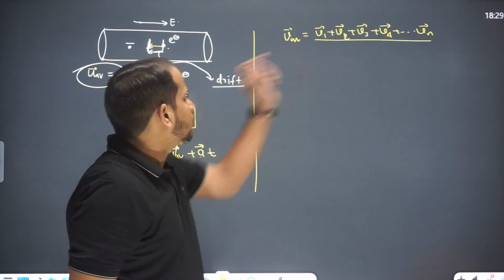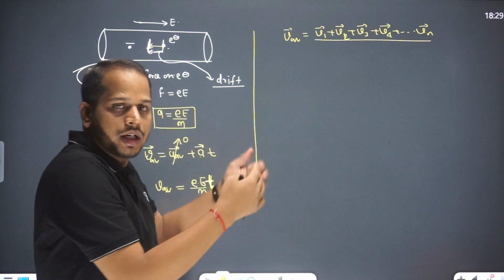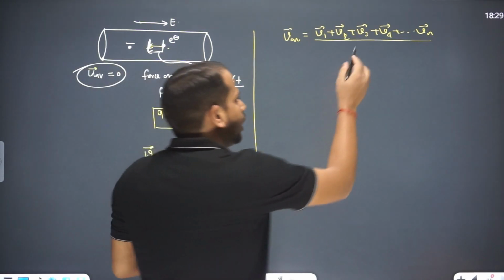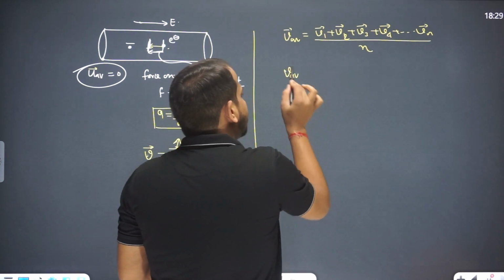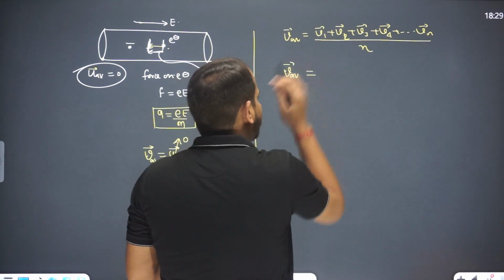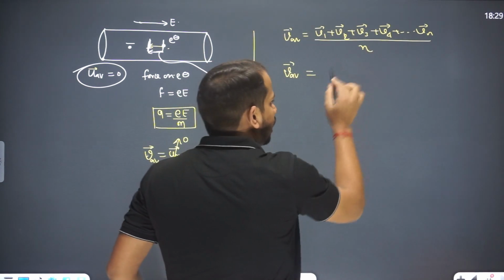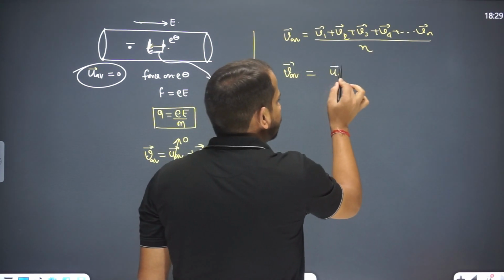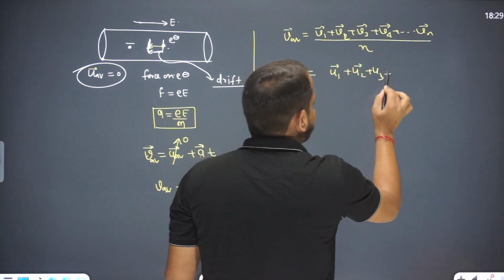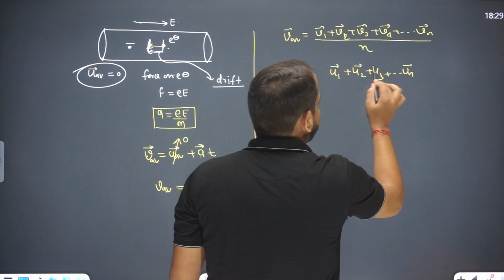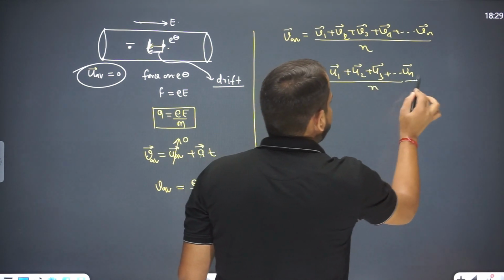It's the average velocity in different collisions: first collision, second collision, third collision, right? And this is divided by n. So what will we say over here? The average velocity is v equal to what? u plus at. And you know when we take u1 plus u2 plus u3 dot un, divided by n, it is n plus at.